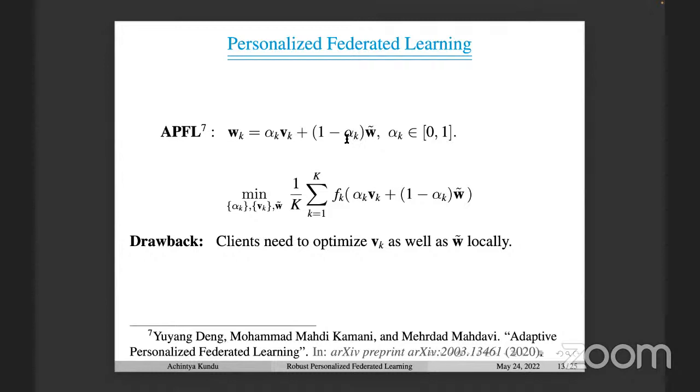The convex combination weight can also be learned, and they have formulated the objective as follows, where they are learning the v_k's, which are the local part, and the W tilde, which is the global part, both simultaneously. This is also computationally heavy because you have to compute the gradient with respect to both of these model parameters and update these.